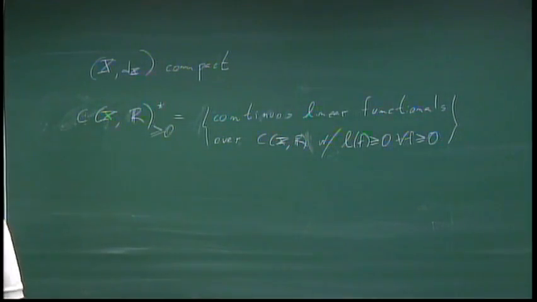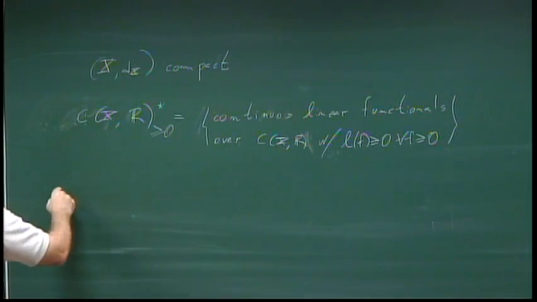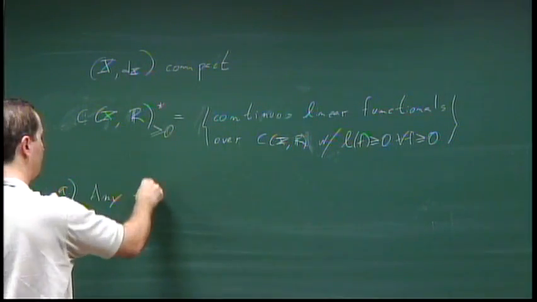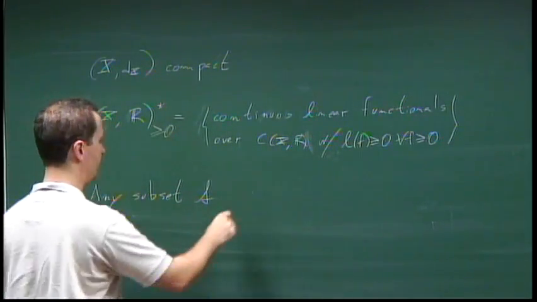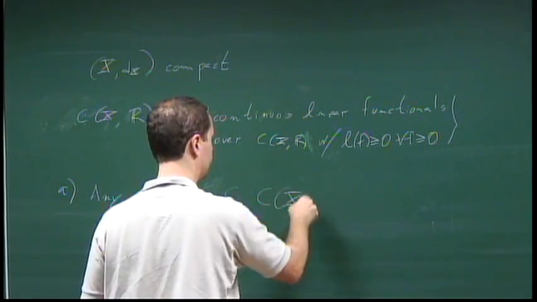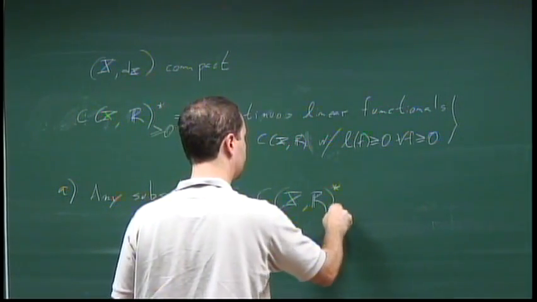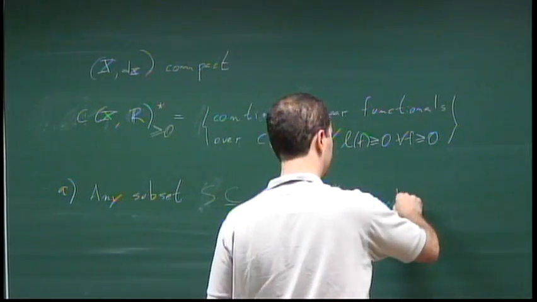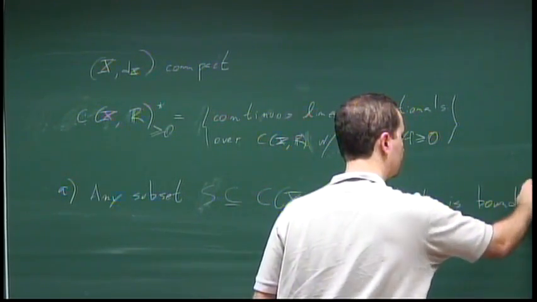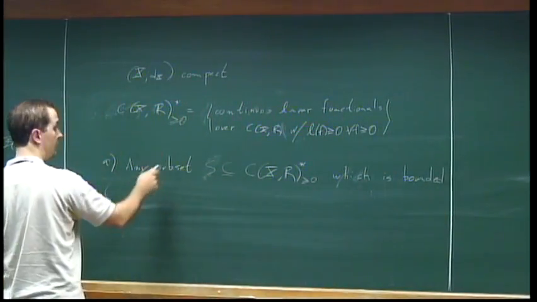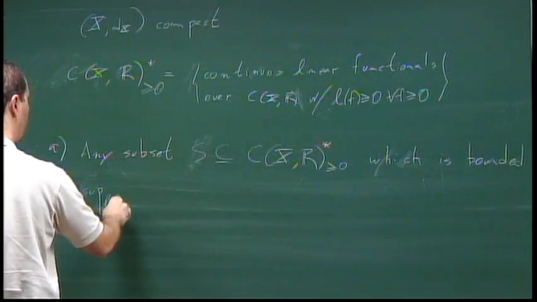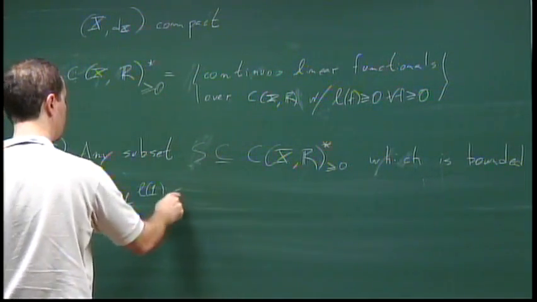And basically the proof of Prohorov's theorem is that there's a first step that any subset S of the space, which is bounded, and boundedness really means, in this case, because the linear functionals are positive, that the sup over L belonging to S of L of 1 is finite.